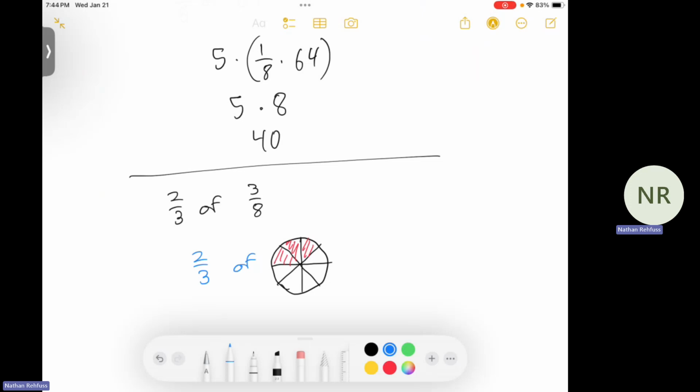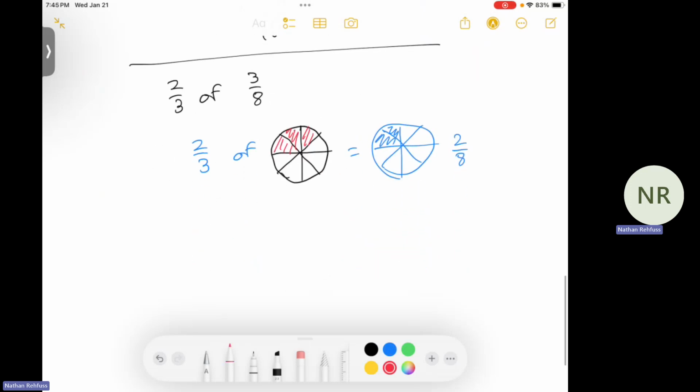There are many different ways you can solve this problem. But one way, the way we just described here, is 2/3 of 3/8 will be 2/8. If you liked the method we used for 5/8 of 64, you could also write 2 times 1/3 times 3 times 1/8, and that's the same.